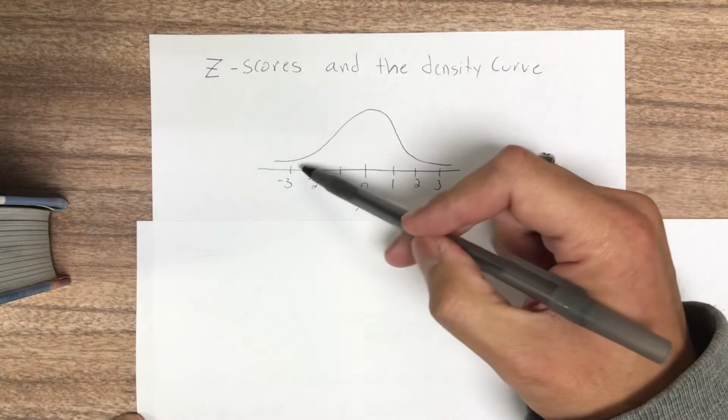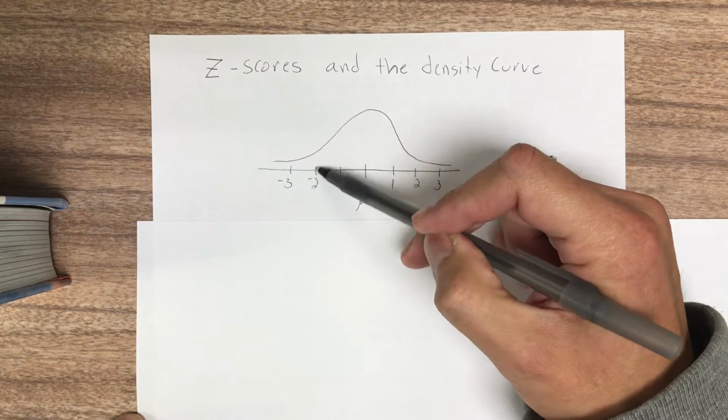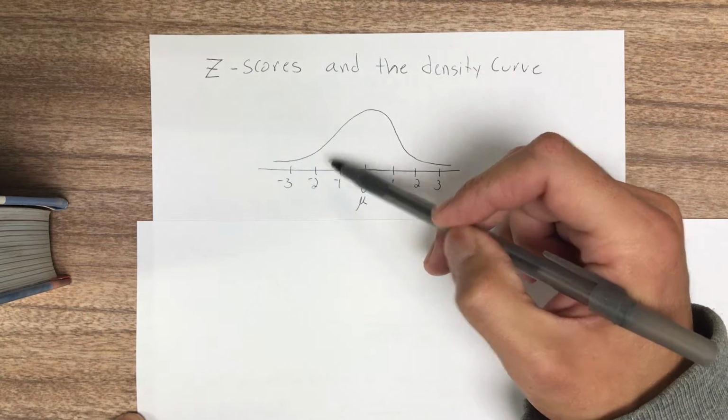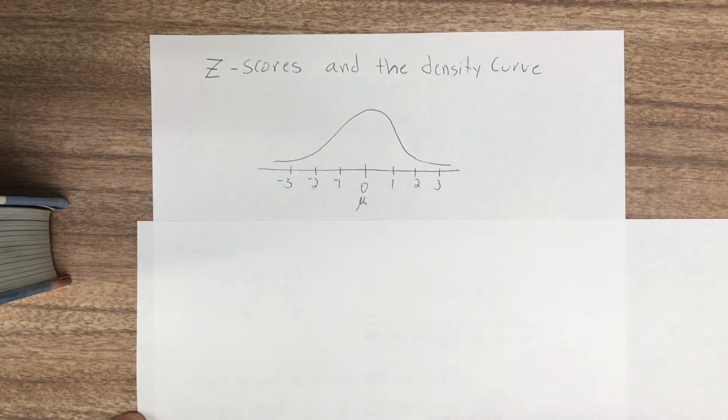Now what does the area under the curve represent? The area is the amount or proportion of the population for this specific distribution. So your population can be people, animals, or measurements like height or weight.